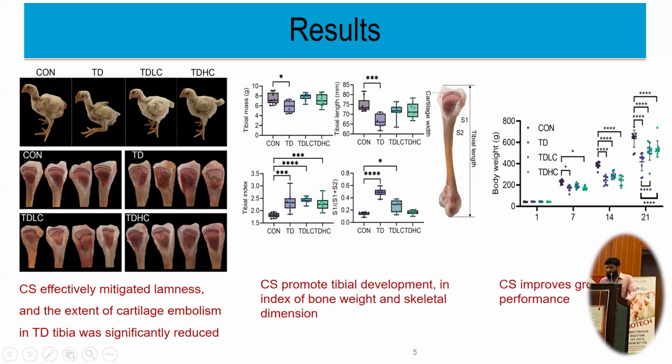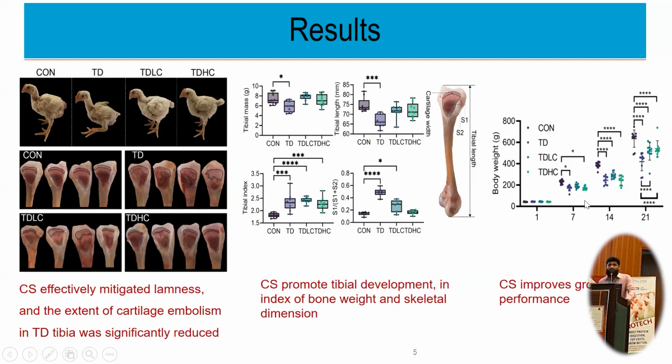The growth parameters, including tibia mass along with tibial length, are decreased in tibial dyschondroplasia, while other parameters like the tibia index are increased in TD chicken. While the CS administration normalizes these parameters, chickens recover, and their growth along with bone development is stabilized near the normal group.